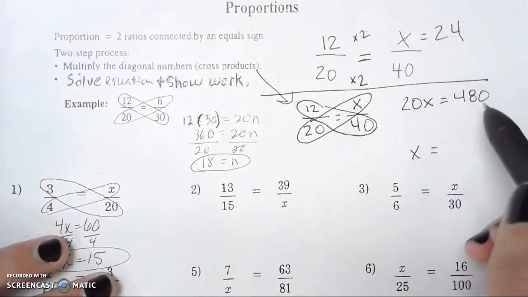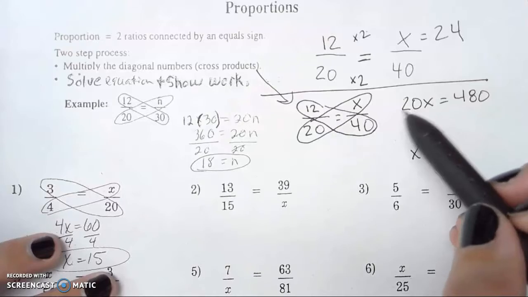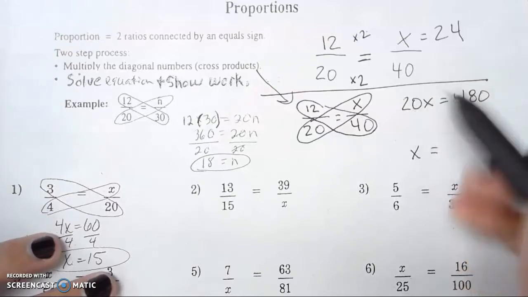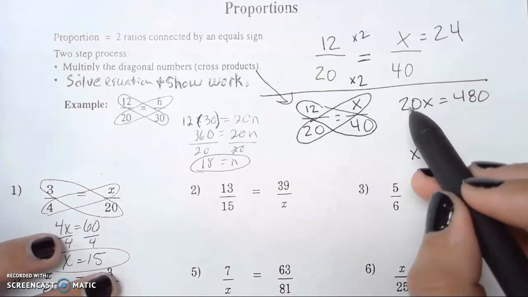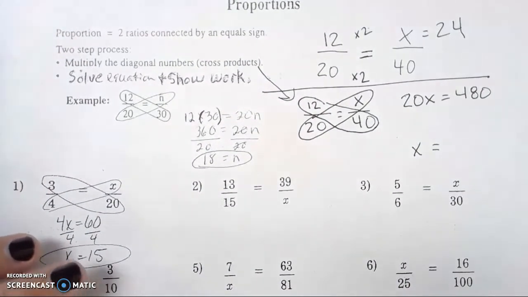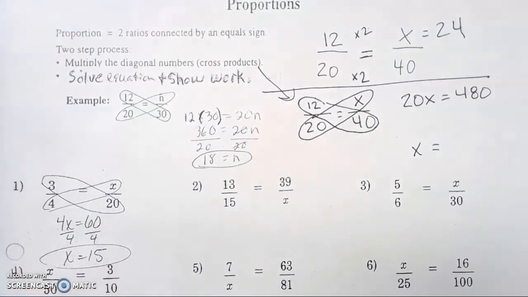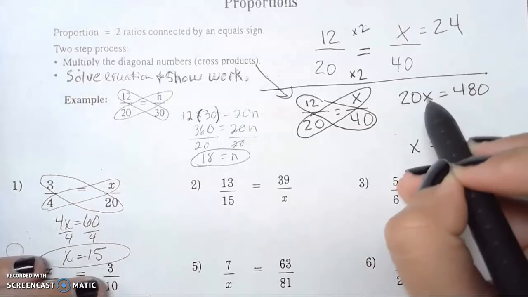And the only way that we can move it is to use the inverse operation of whatever is occurring between the 20 and the x. So what does it mean when a number is shoved up next to a variable? What operation is occurring? Hopefully you guys are saying multiplication. Anytime a number is shoved up next to a variable, that means that they're multiplying.